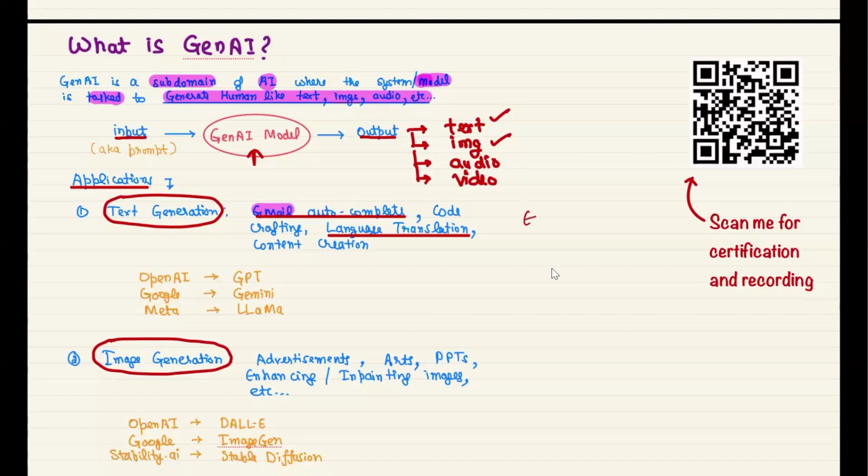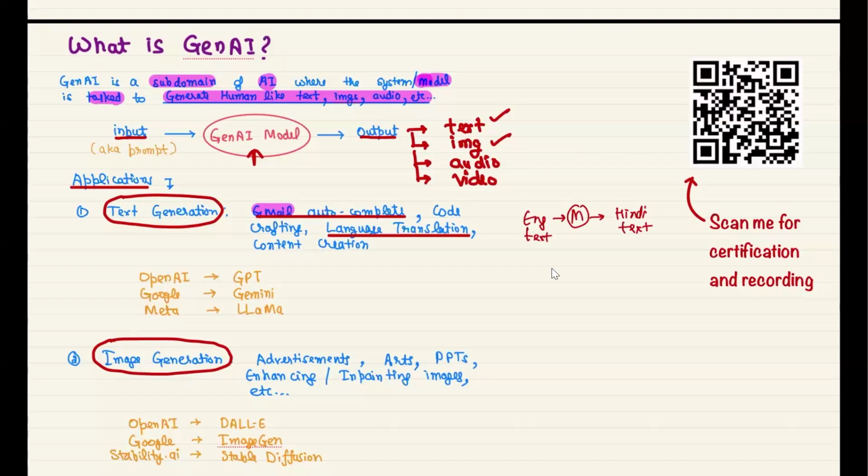For example, English to Hindi. Pass English text to a model and the model will give you Hindi text. In order to perform this kind of activity, you need a generative AI model again. Making sense? Yes or no?